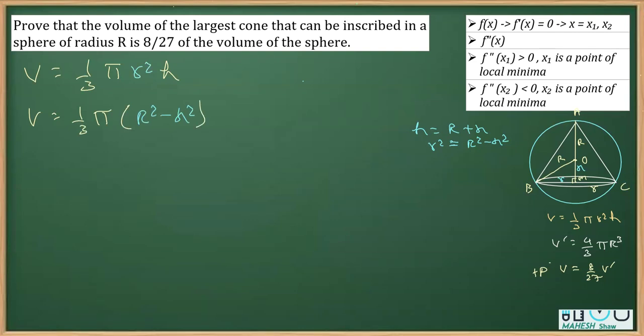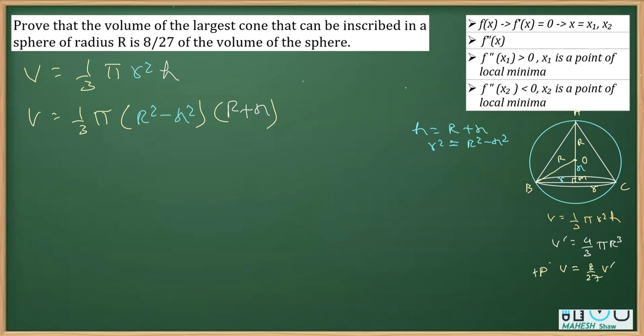And the height here can also be replaced. So this h is capital R plus x. That is the height, obtained here. Now we can see we have one variable and the others are constant.